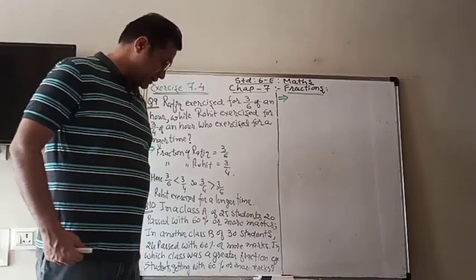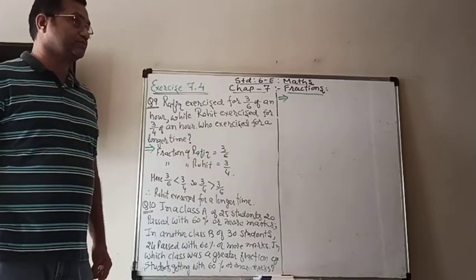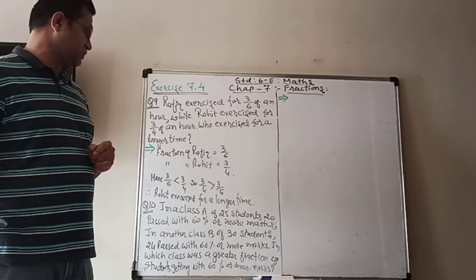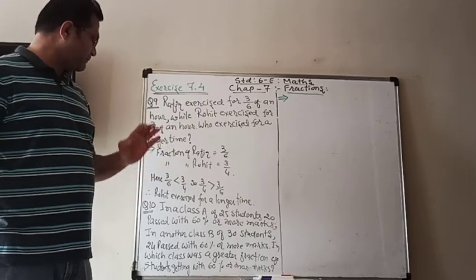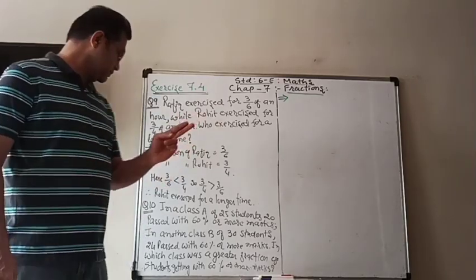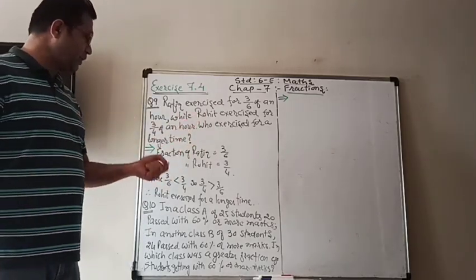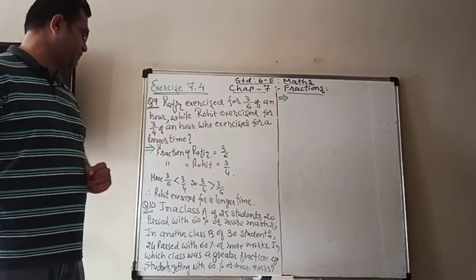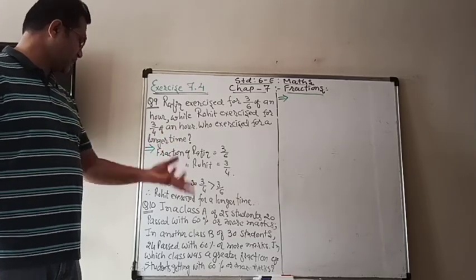Now the last sum of the exercise. In a class A of 25 students, 20 passed with 60% or more marks. And in another class B of 30 students, 24 passed with 60% or more marks.